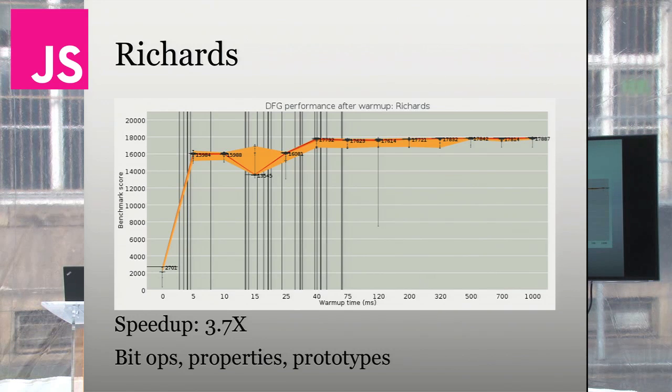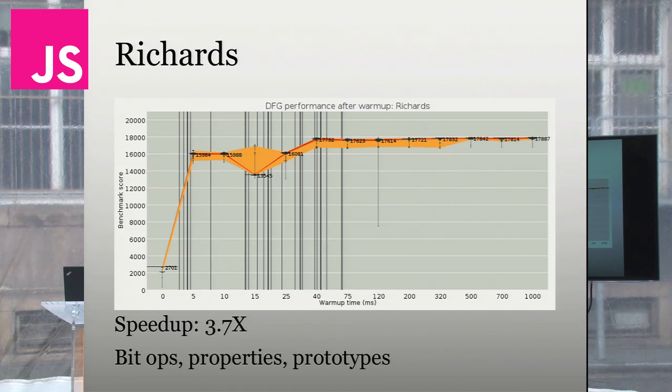I tried to make it understandable, but it's a novel graph kind, and that never goes over quite so well. What we see, though, is performance is fairly tightly clustered. If there's more paint, it means that there's a higher variance in the performance. And here we see things are fairly tight. It goes up, drops down a bit for some reason I don't quite understand. But then no optimizing compiler run happens after 75 milliseconds.